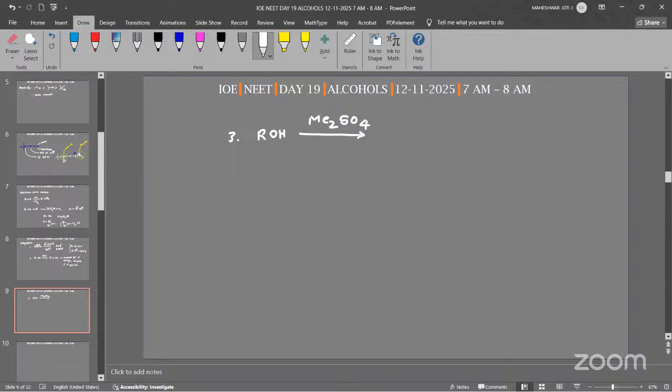Dimethyl sulfate in presence of OH minus. Now, it is also a nucleophilic substitution reaction. How? See here.